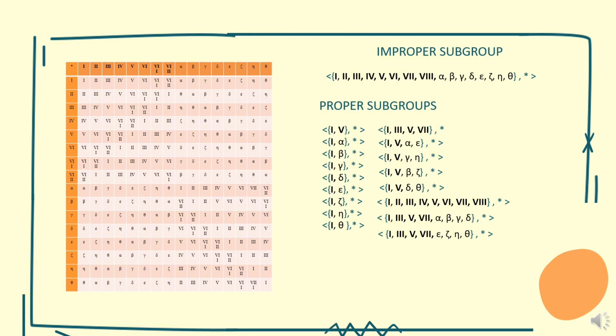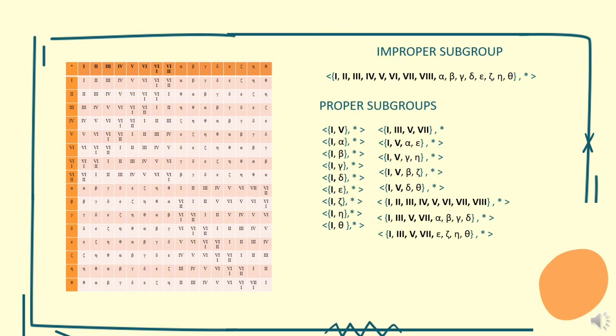Number 1 is the set of 1, 2, 3, 4, 5, 6, 7, 8 under the binary operation star, a proper subgroup. 1, 3, 5, 7, alpha, beta, gamma, and delta is a proper subgroup under the binary operation star.